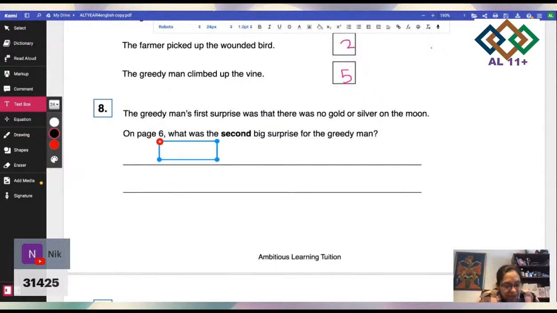So instead of gold, what did he find on the moon? You have to go to page 6 of the comprehension. And what was the second big surprise for the greedy man?